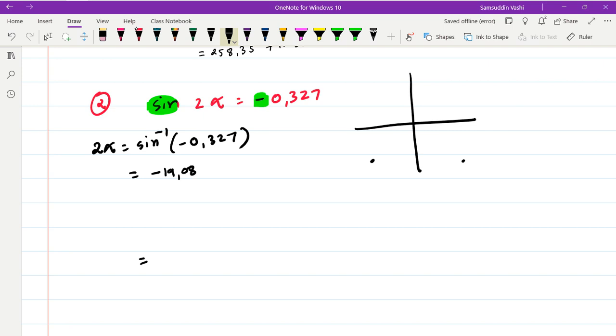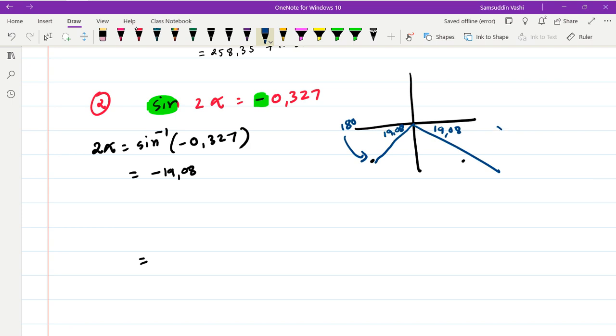What does it mean? Negative angle immediately tells me it's the fourth quarter. And in the fourth quarter, how many degrees is this one? 19.08. What about the third quarter answer? Third quarter answer is also 19.08, but this time it's after 180.